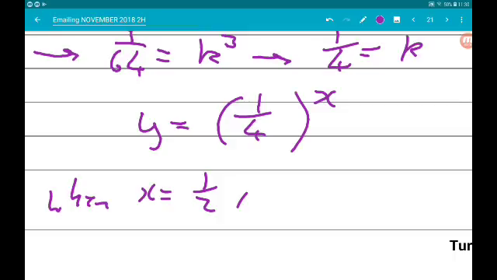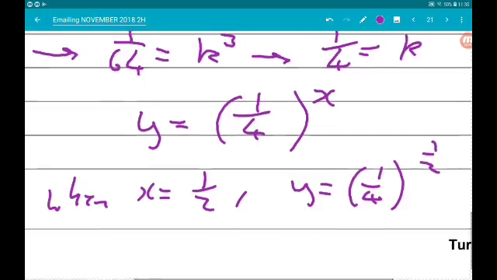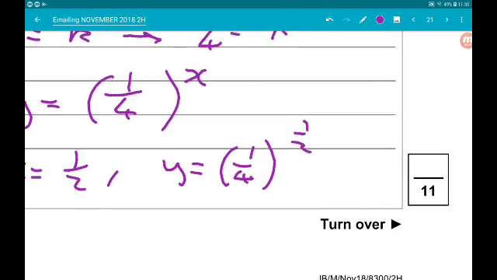So when x is a half, y is 1/4 to the half, which is the square root of a quarter, which is 1/2. That shows it. Cool.